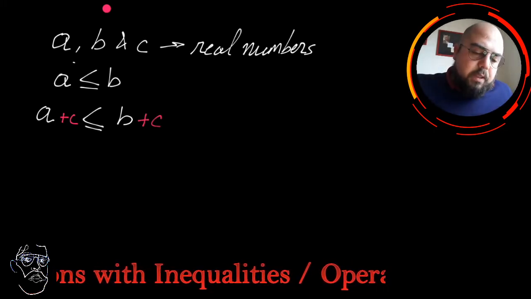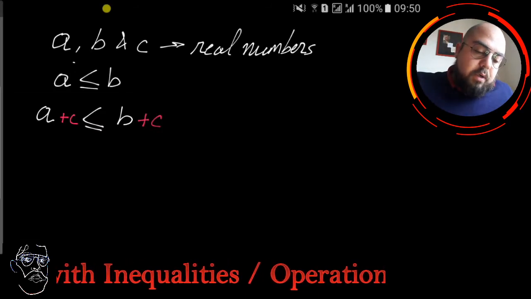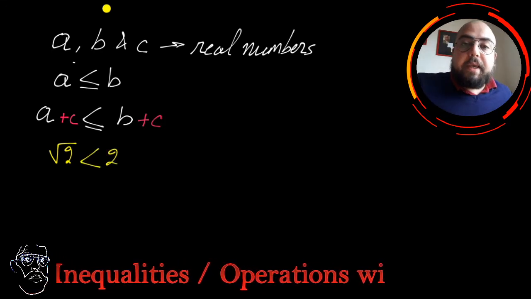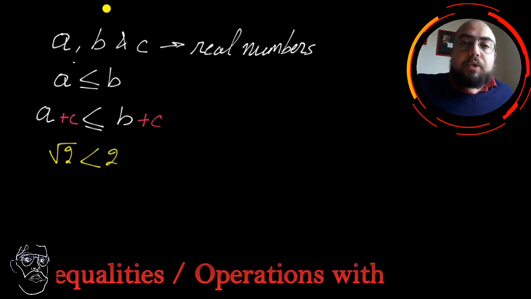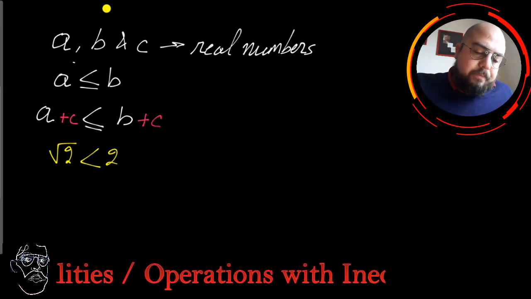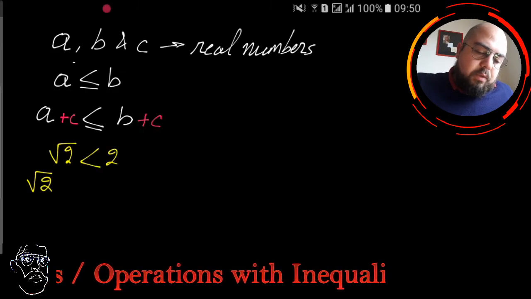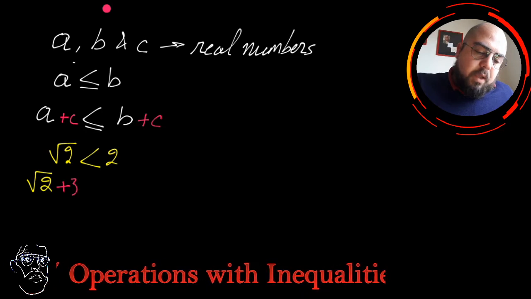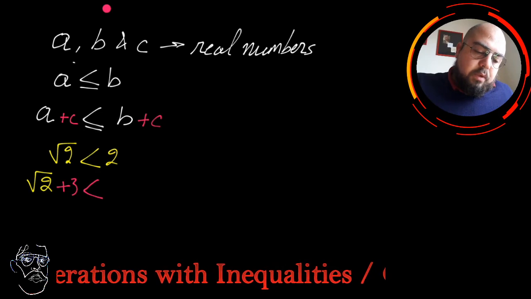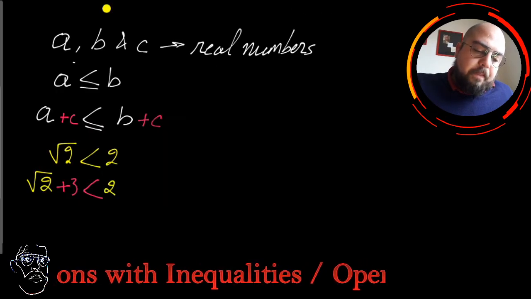So let's take an example. Let's say we have the square root of 2 smaller than 2, just like A smaller than B, and I want to add the value 3. So it will be the square root of 2 plus 3, and it will still remain smaller than 2 plus 3.